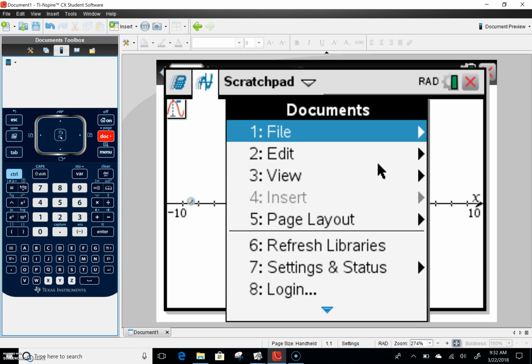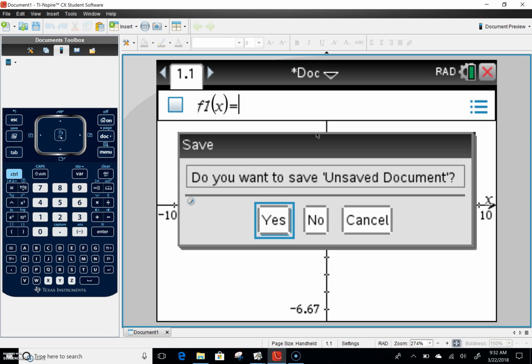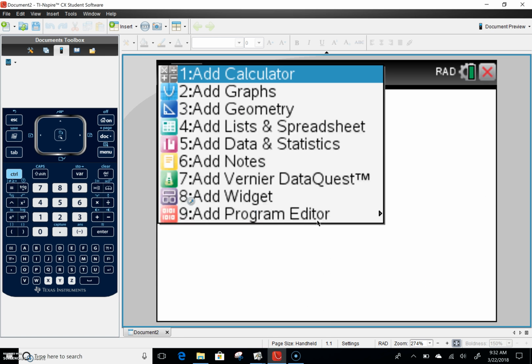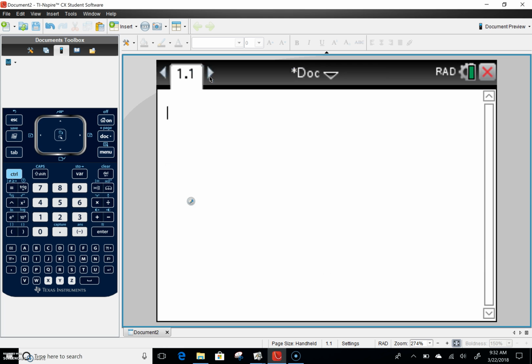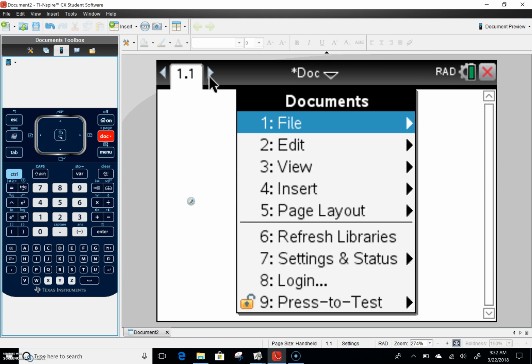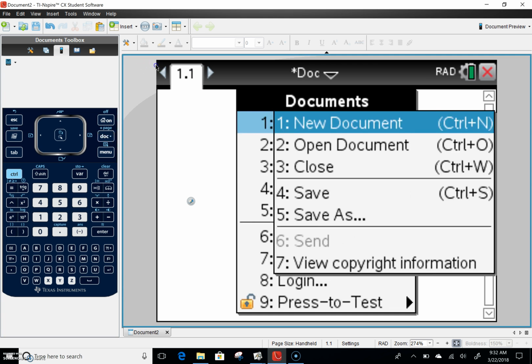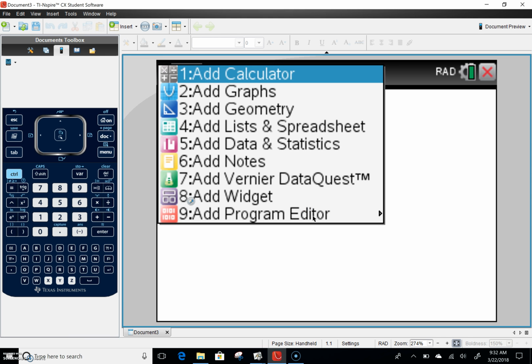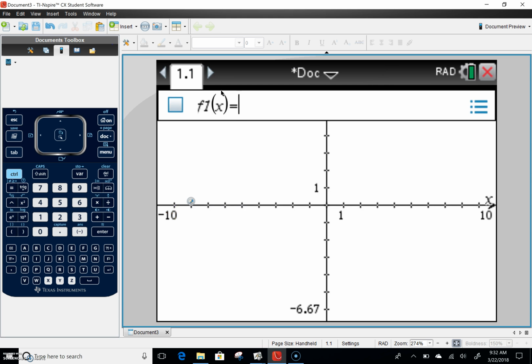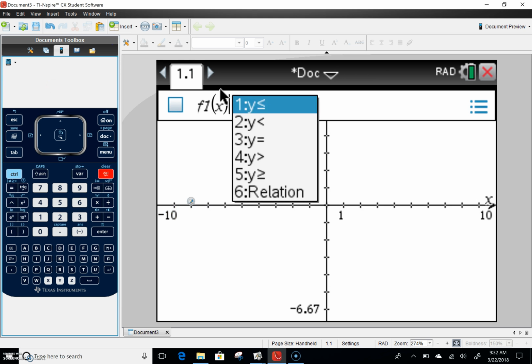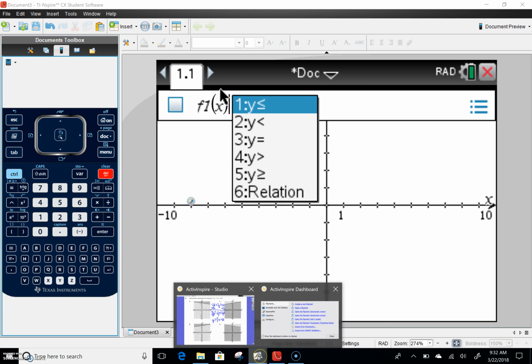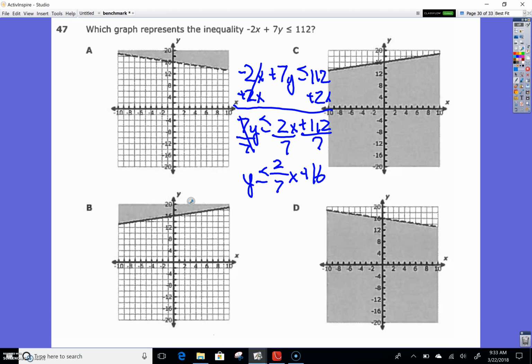I'm going to create a new document. You always want to create a new document. Oops, but I want to create a new graph, not a new calculator. So first thing, delete. Is it greater than or less than? It was less than.